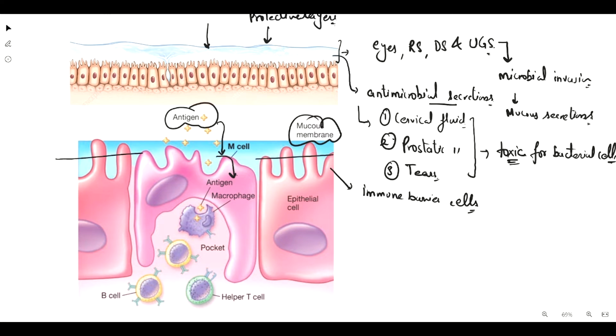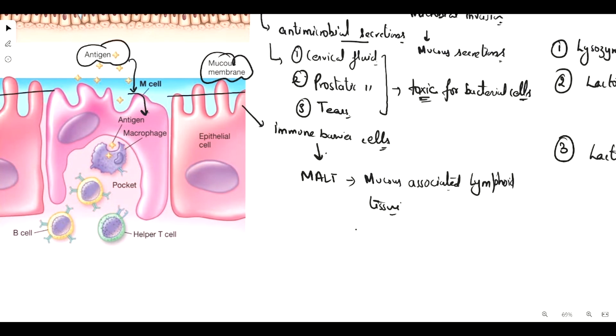These specialized cells present beneath the mucous membrane are known as MALT, or the mucosa associated lymphoid tissue, which is categorized into two forms.